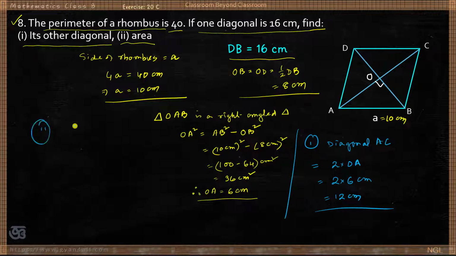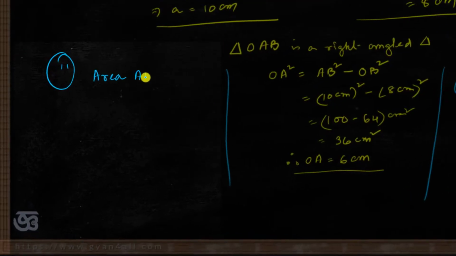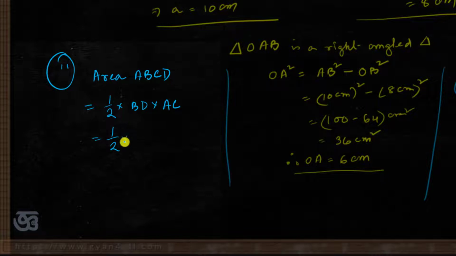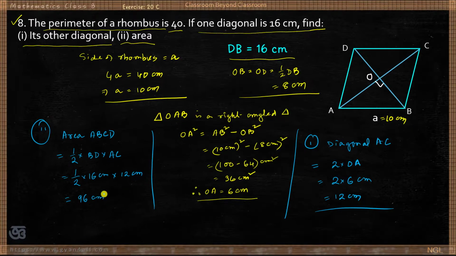Now number 2, area of the rhombus, that is area ABCD, is equal to half of the product of the two diagonals, BD multiplied by AC, BD is equal to 16 centimeter multiplied by AC is equal to 12 centimeter. So this is equal to 96 centimeter square.